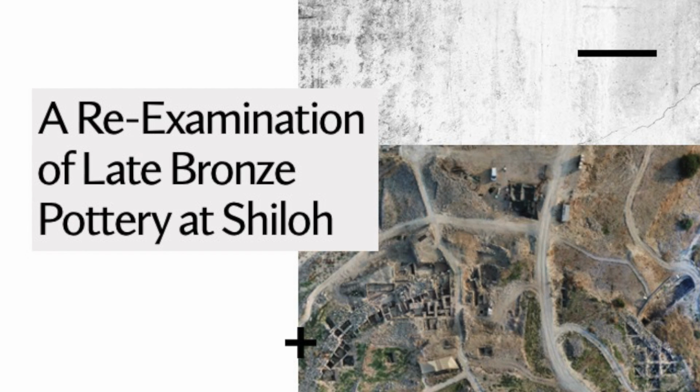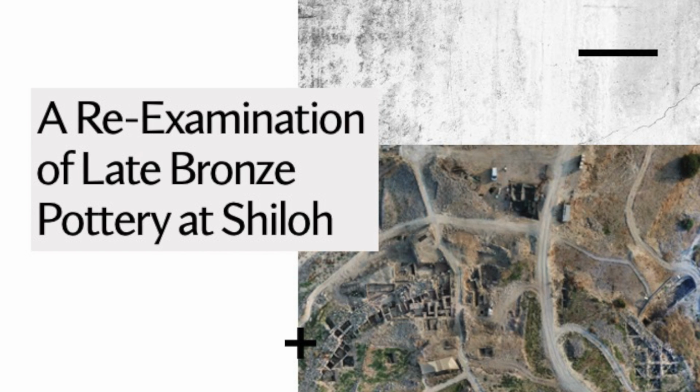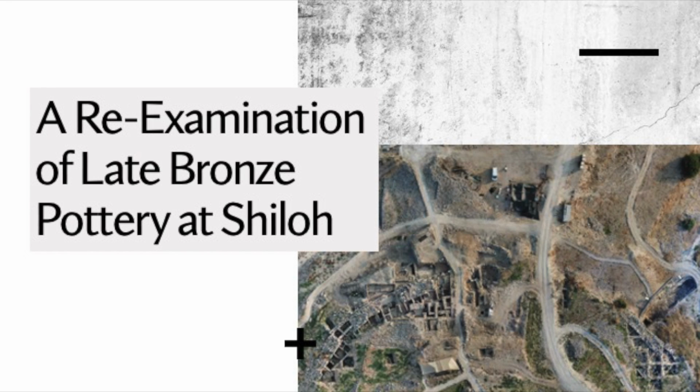Clyde. Just out of curiosity, you had a casemate wall there in your area D, I think, and the glacis. What do you date those at? You might be able to answer this better than I with the glacis, but I think the glacis is MB2. We've got MB2 pottery embedded in the glacis.